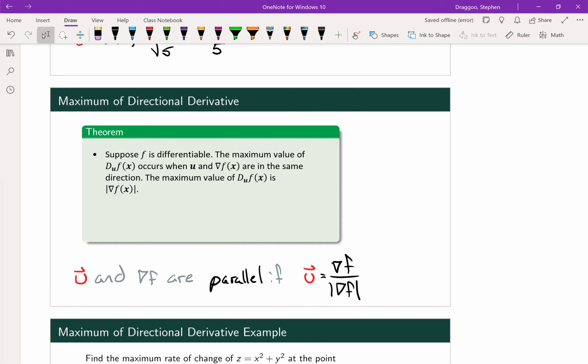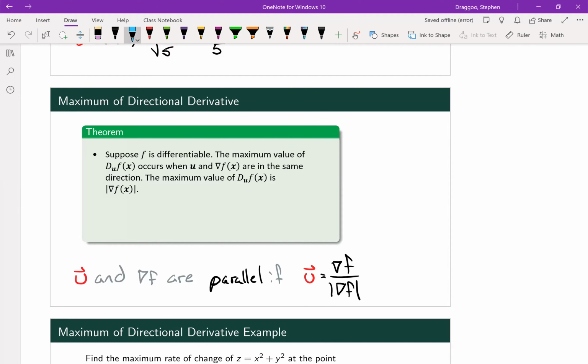The maximum value of that directional derivative is just going to be the magnitude of the gradient. So put another way, if our direction and our gradient are parallel, that means that our unit vector is equal to the gradient divided by the magnitude of the gradient.